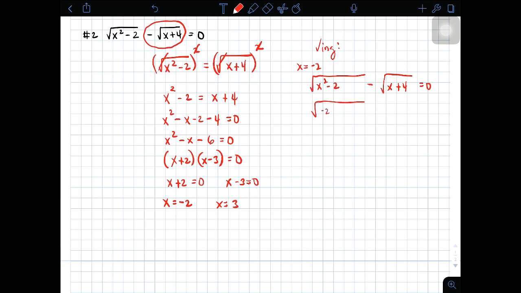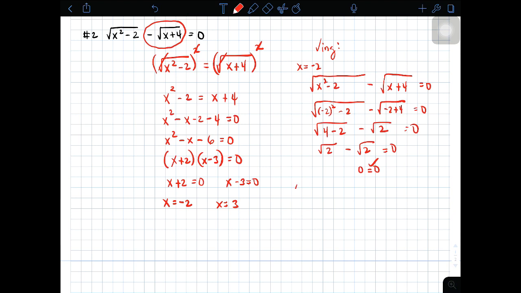It will give you negative 2 squared minus 2 minus the square root of negative 2 plus 4, 0. So this is square root of 4 minus 2 minus the square root of 2 is equal to 0. And here we have the square root of 2 minus the square root of 2, 0. So this is 0 is equal to 0. So the first value of x satisfies the given radical equation.